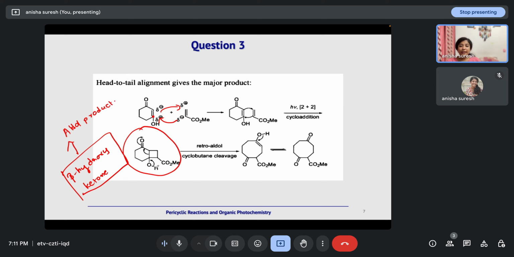Now it will undergo a retroaldol reaction, as you can see here. This bond will be breaking, leading to formation of an enol.